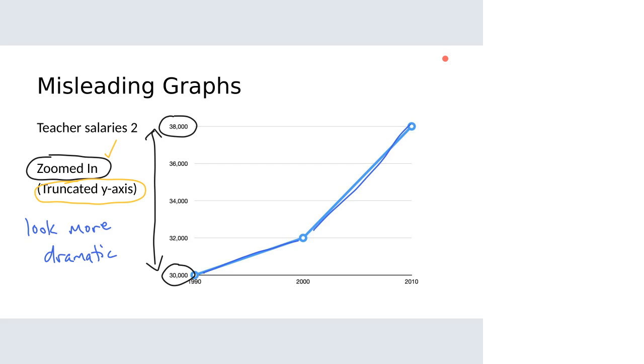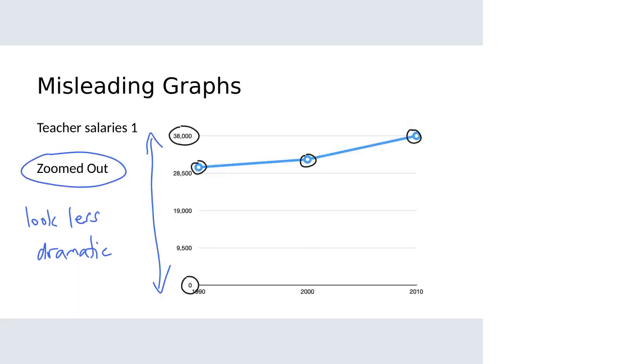Yeah, but they've drawn this in a way to make you think that. Now, your position on whether or not the teacher should or shouldn't get a raise, taxes should go up or taxes shouldn't go up to fund that raise, that might depend on your personal situation. But the data being presented this way and the data being presented this way give a very different picture of what's happening, even though the data is exactly the same.